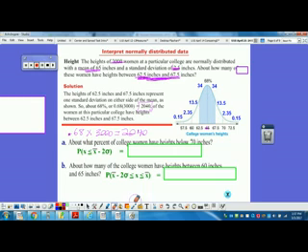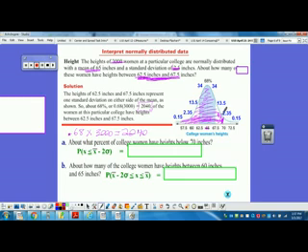Looking at the next question. About what percent of college women have heights below 70 inches? Well, here's 70 inches. And I'll be looking at everything below there. What percentage would that be? Two ways to do this.